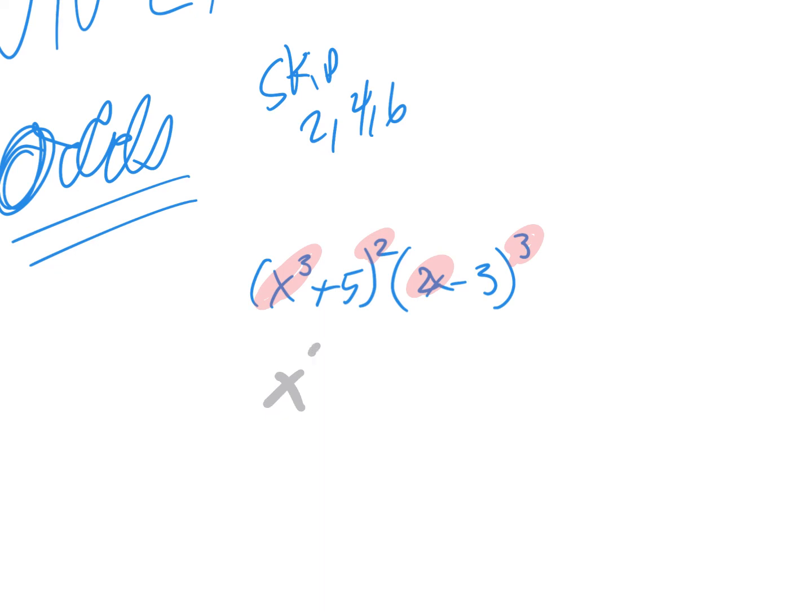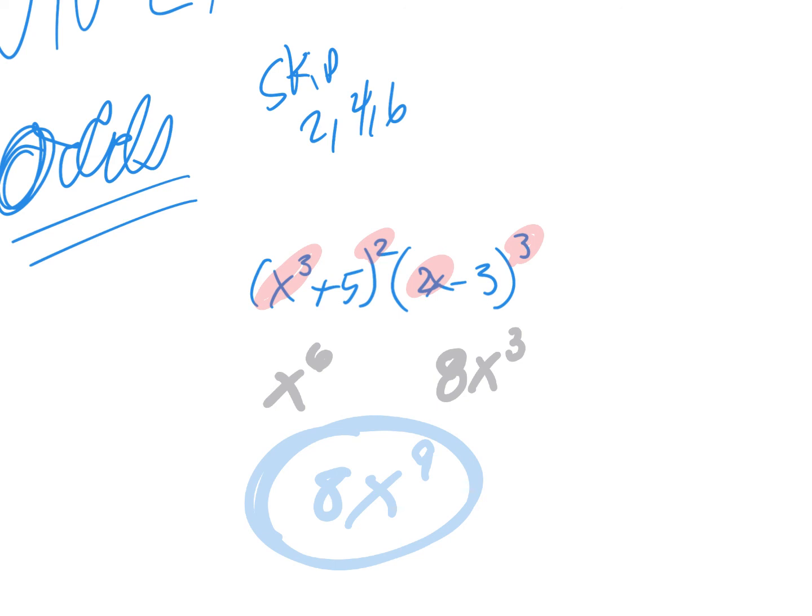That's x to the 6th, and 2 to the 3rd is 8x to the 3rd. Then when I put them together, it's 8x to the what? Say it if you know it. Yes, 8x to the 9.